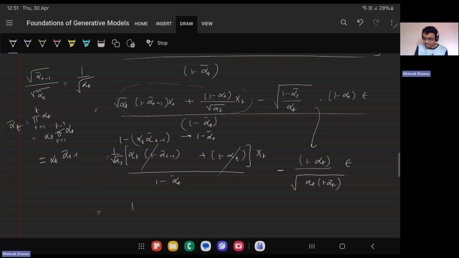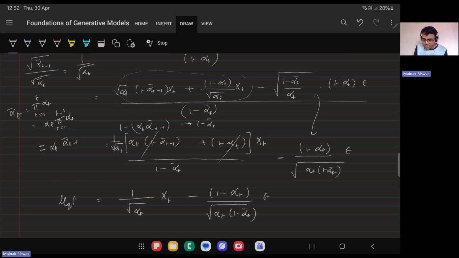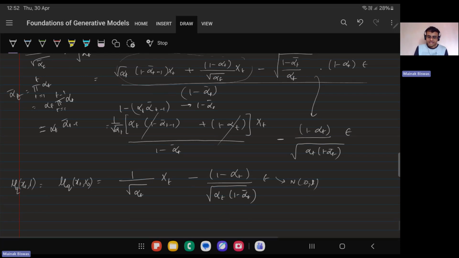So this will be 1 by root alpha t xt minus (1 minus alpha t) by root alpha t root (1 minus alpha t bar) epsilon. This is my mu q of xt comma x0. And this becomes xt comma x, just the tth value. And I have a noise term that is added from normal 0, 1. Right? So now I can say mu theta of xt, this is my reparameterization.